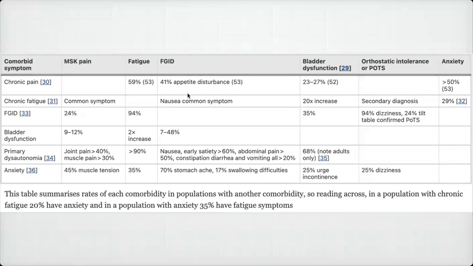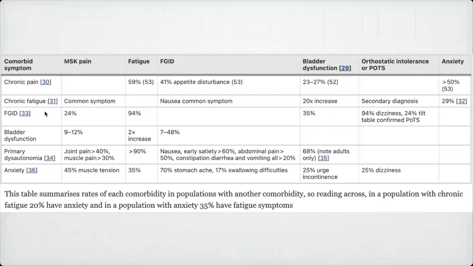Some of these included, let's say, 45% of children with chronic pain had appetite disturbance, and over 50% of them had anxiety with chronic pain. Children with chronic fatigue reported nausea in the functional gastrointestinal disorder section, and they had 20 times more increase in bladder dysfunction.